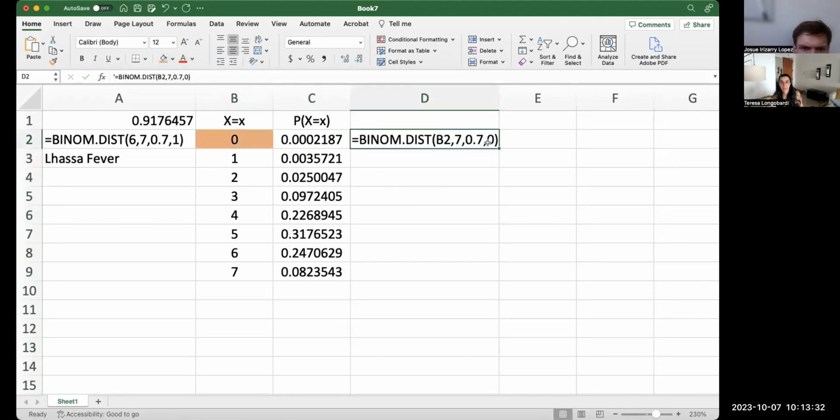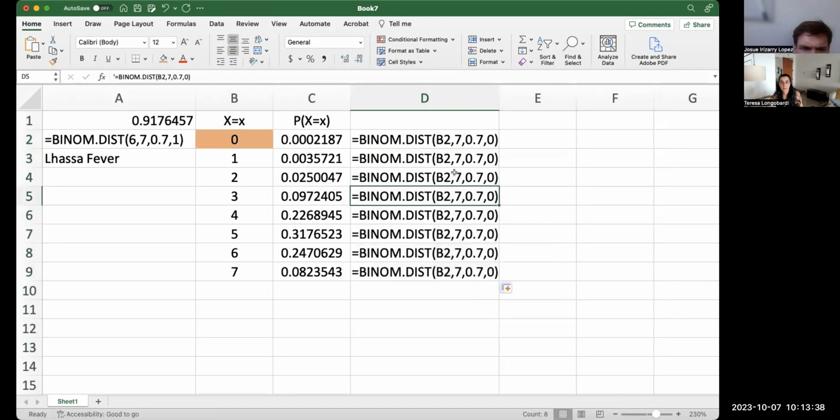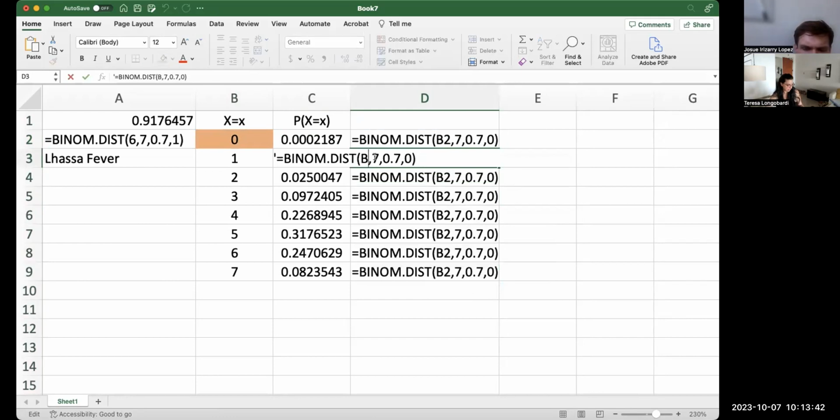And then I copied it all the way down. And because it uses the relative association, it's going to take the number that's in that column.